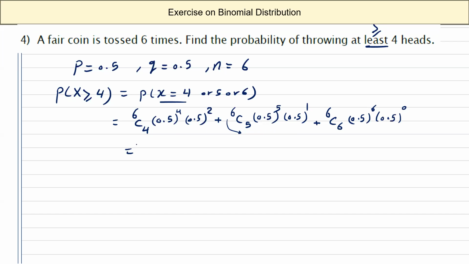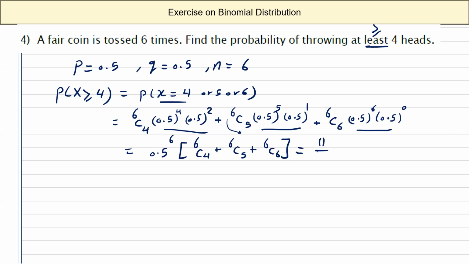I can do something nice: all of these are 0.5 power 6, so you can just take it as a common factor, and still inside 6C4 plus 6C5 plus 6C6. Do this by calculator, you will get 11/32 exactly, or 0.34375. It's not approximate, it's the exact value.